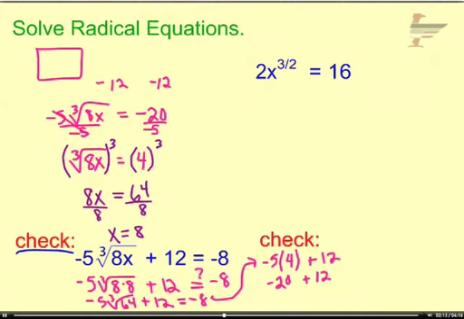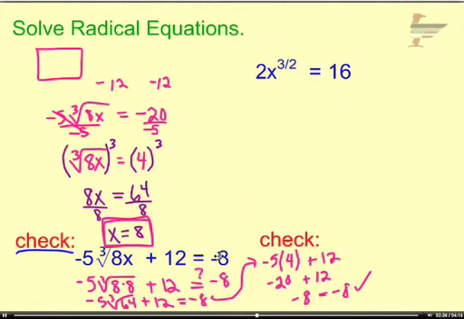Negative 20 plus 12 is a negative 8. So we're getting a negative 8 does equal a negative 8. So we did find a solution. X really does equal 8. It's possible that we would come up with a false statement for that extraneous solution, but in this case that did not happen. So our next example, 2x to the 3/2 power equals 16.